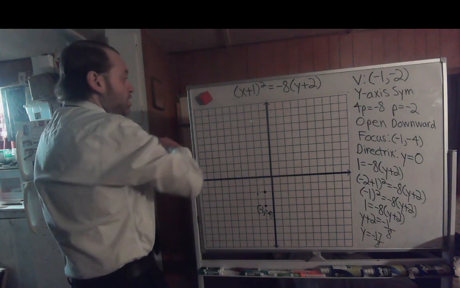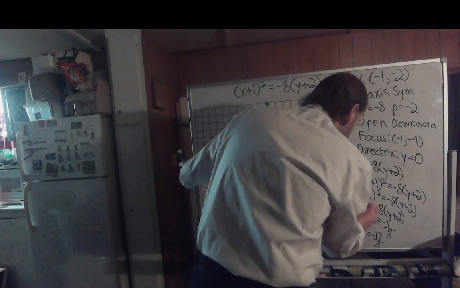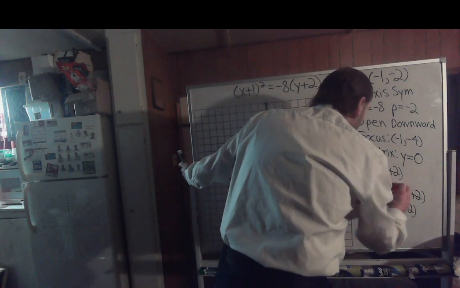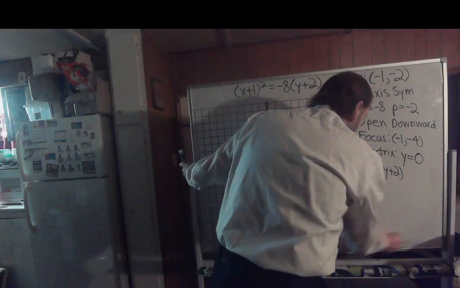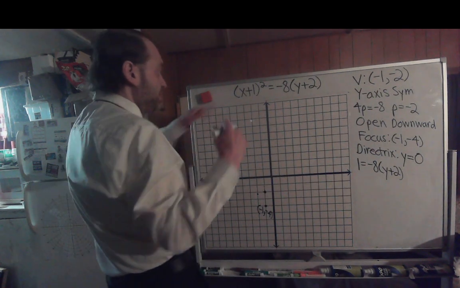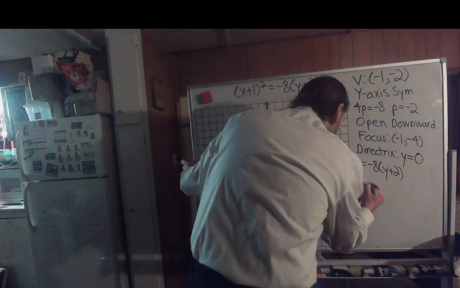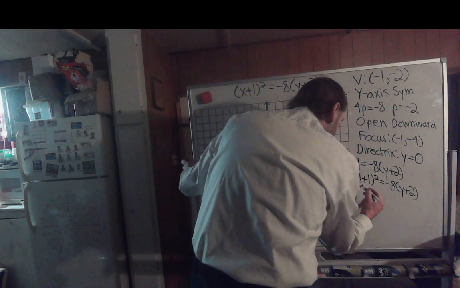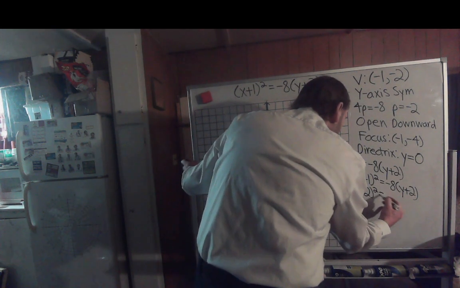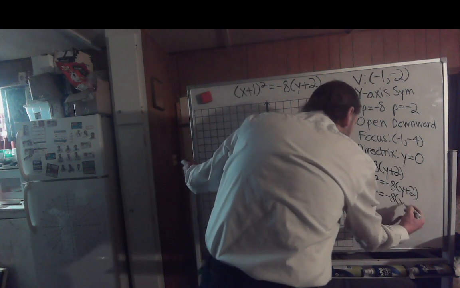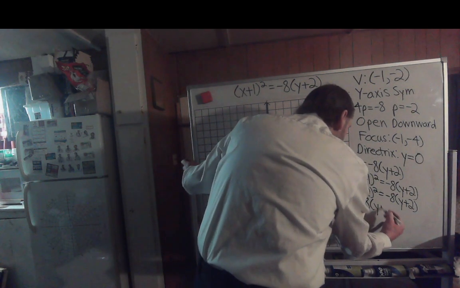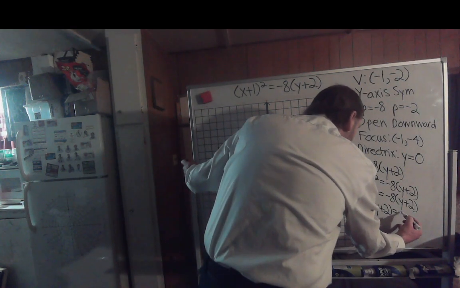Now, why don't we go one more out? Let's do one more coordinate in each direction for x. Let's say I pick x equals +1. So I would do (1 plus 1) squared equals -8 times (y plus 2). 1 plus 1 squared, that's 2 squared, equals -8 times (y plus 2), which would have to mean -8 times (y plus 2) equals 4.